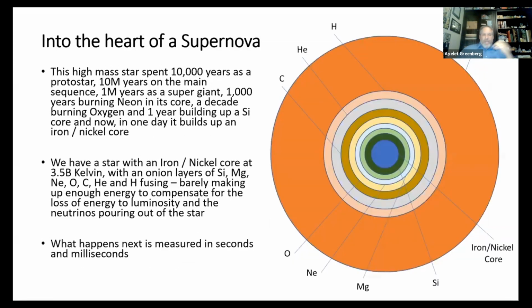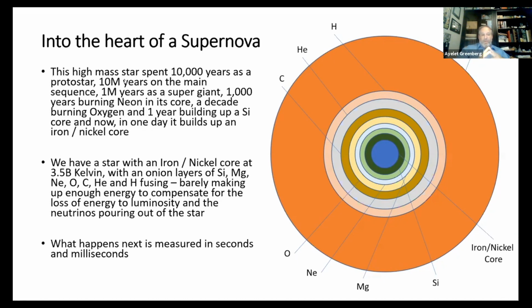Now, to recap our story up until this point, we had a star, we're talking about a big star now, so it only spent maybe 10,000 years as a protostar. It spent about 10 million years on the main sequence, fusing hydrogen into helium, then 1 million years as a supergiant, and then another 1,000 years burning neon in the core, a decade burning the oxygen, and then a year building up the silicon, and now we're left with 1 day converting it all into iron and nickel.